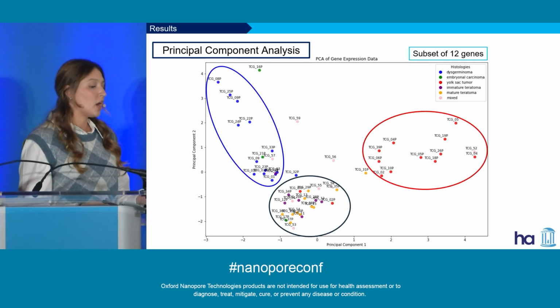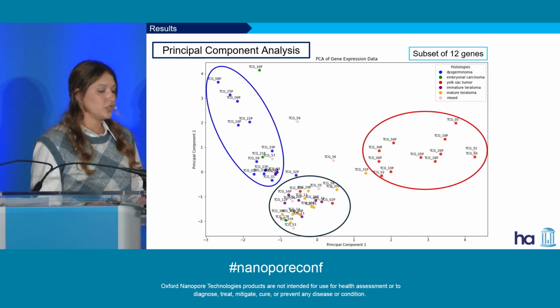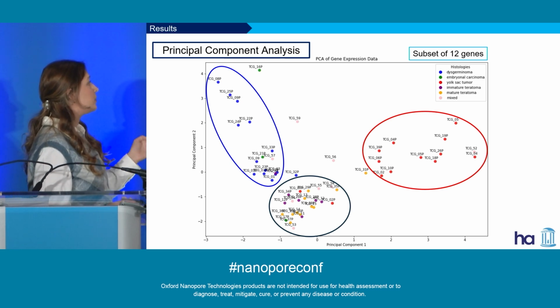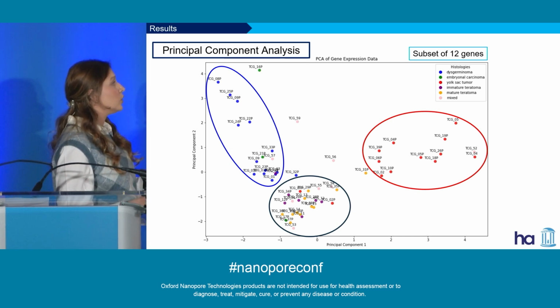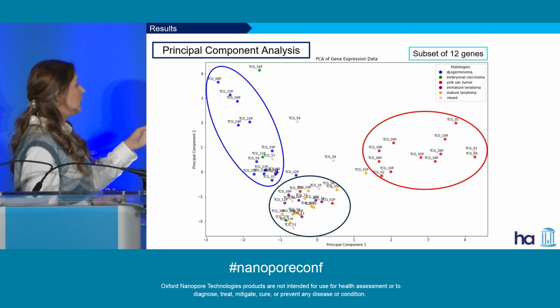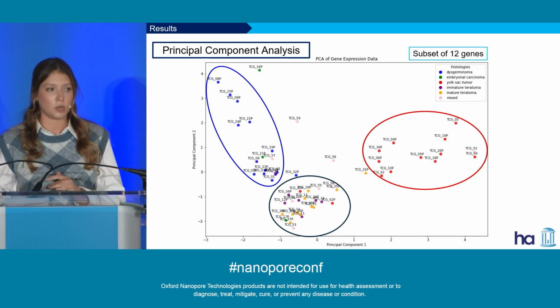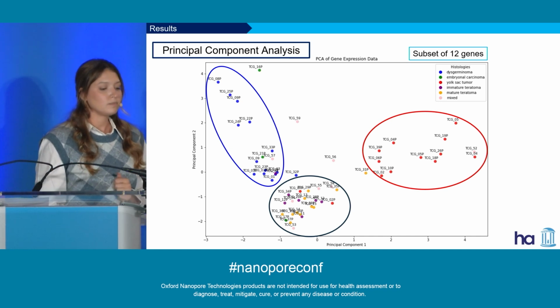So here we got more clear separation of those subtypes. In blue, we have the dysgerminoma samples. In red, we have our yolk sac tumors. And in black, we have all the teratomas, because they didn't differentiate much here whether they were immature teratomas or mature teratomas.